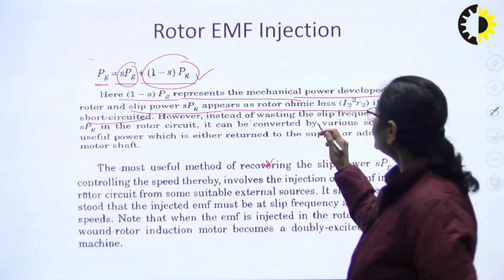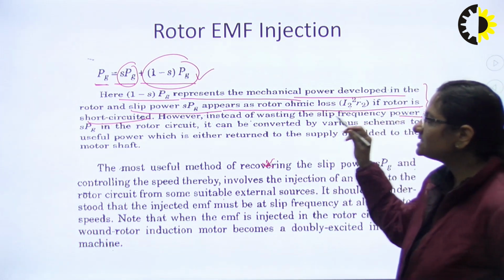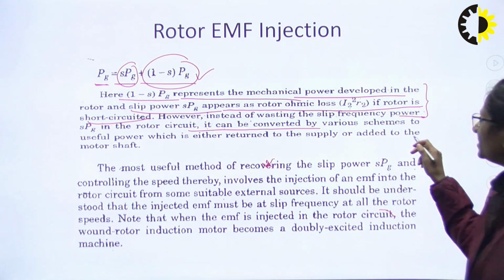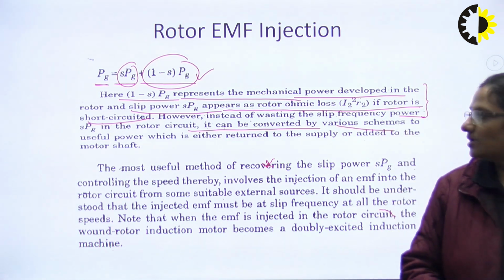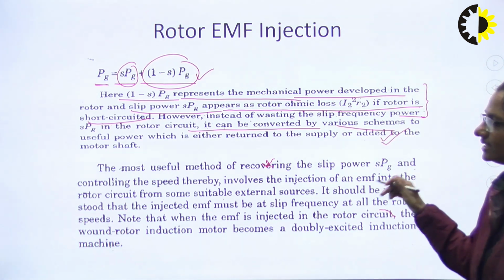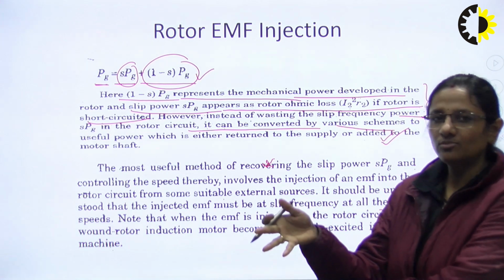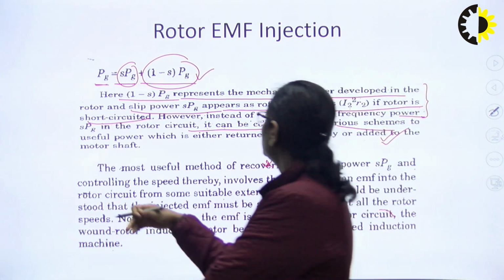However, instead of wasting the slip frequency power SPG in the rotor circuit, it can be converted by various schemes to useful power, which is either returned to the supply or added to the main motor shaft following some special configuration.